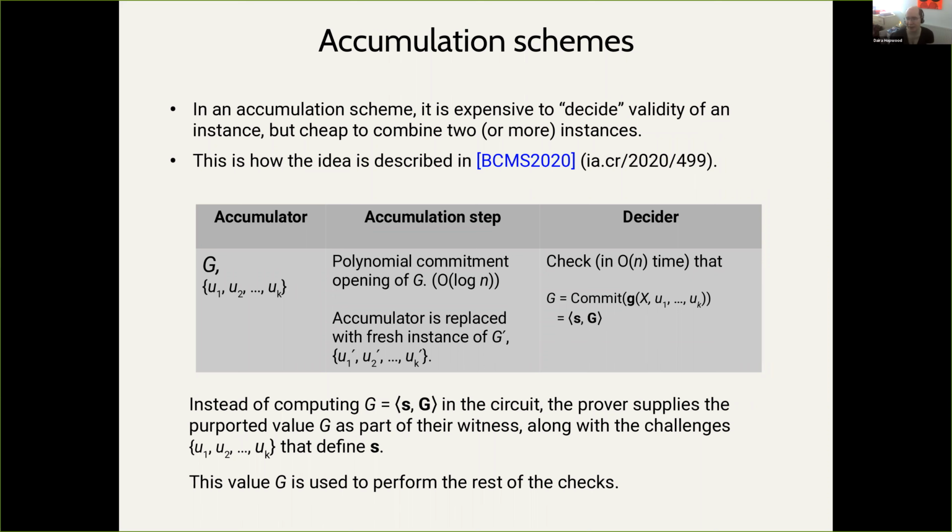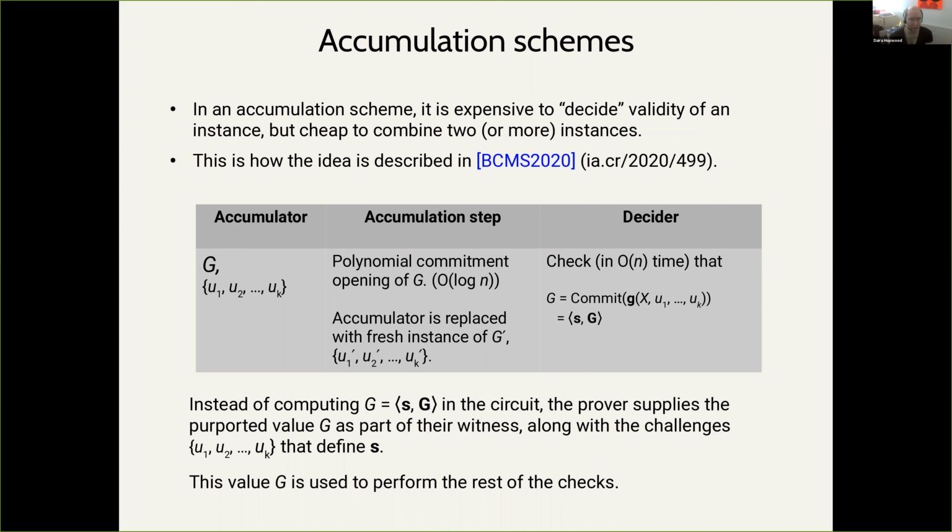And then in each step of the accumulation, you have a logarithmic time check, which is just checking the opening of G. And you replace the accumulator with a fresh instance. You have a different G and different challenges. And then at the end of the whole computation, you can check using the linear time verifier.